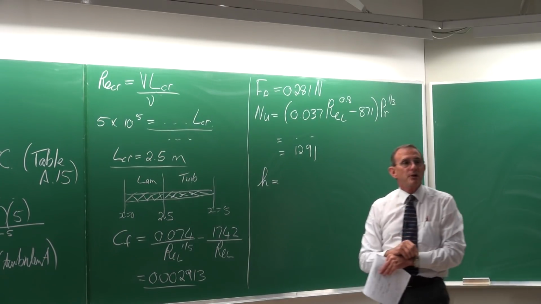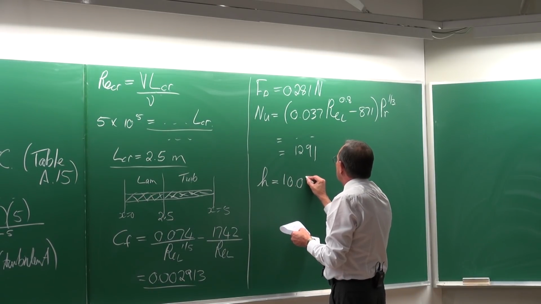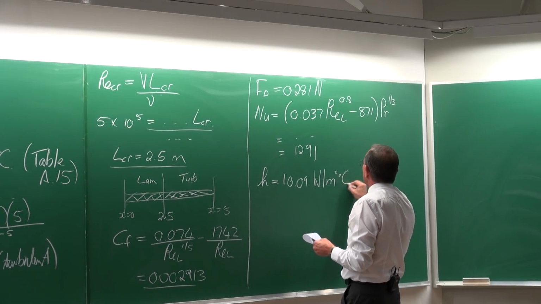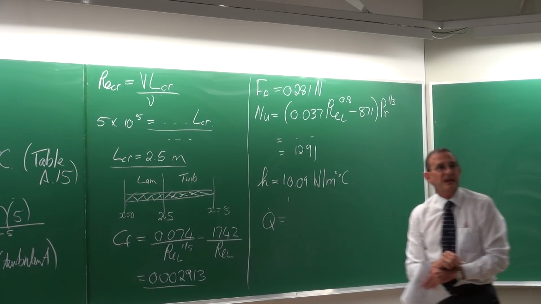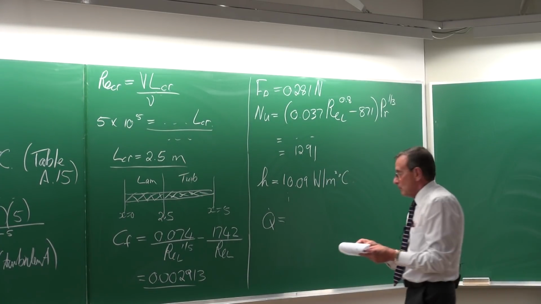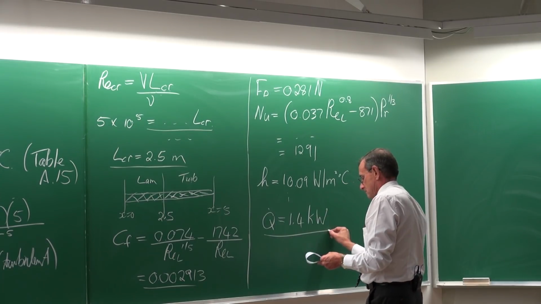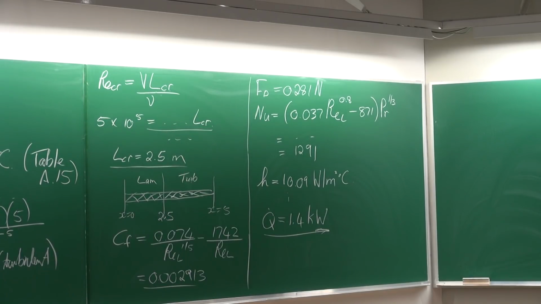From the Nusselt number, we can go and determine the heat transfer coefficient, 10.09 watts per square meter degree Celsius. From the heat transfer coefficient, we can go and determine the heat transfer rate, which is going to be 1.4 kilowatts, 1,412 watts.